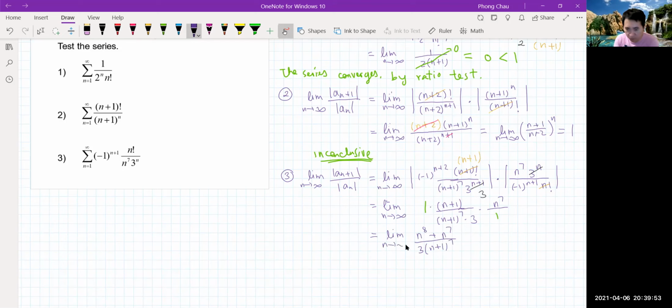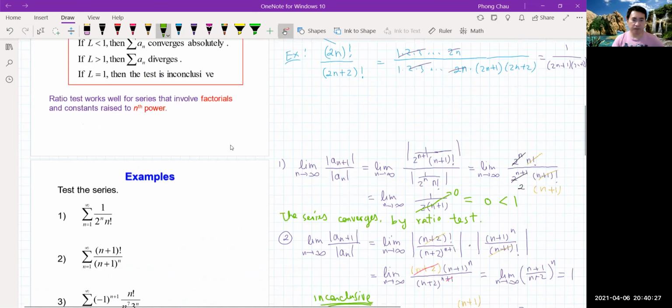So we actually end up with a polynomial over a polynomial, and that's 8th power over 7th power. So the limit here will be infinity. So it's clearly bigger than 1, right? It's getting huge, and therefore we conclude the series diverges, right, by the ratio test.